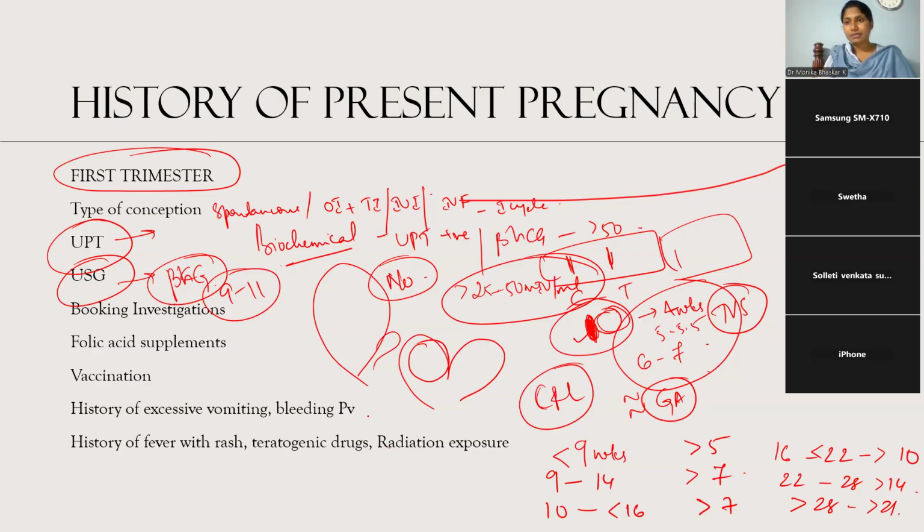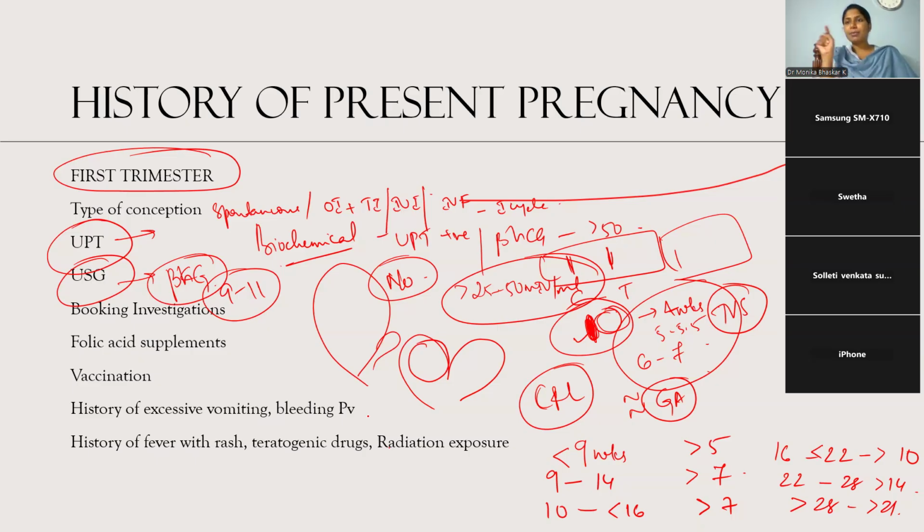So all this you have to identify. Or if there is a huge ovarian cyst, what is the size of the cyst, whether the cyst needs removal or whether it is a small cyst which need not be intervened during pregnancy. All this has to be seen in the first trimester ultrasound.